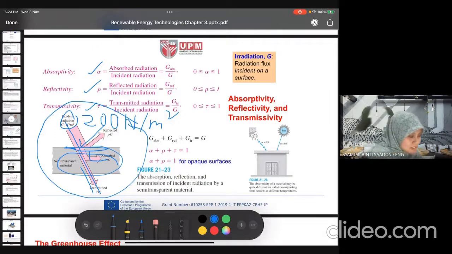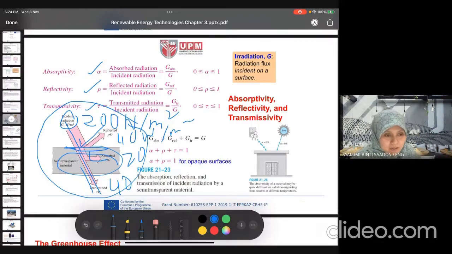So 20% is around 40 watt per meter square, and some of the amount is absorbed, maybe 10% or more than that, I'm not sure. So the rest, 40 watt per meter square, will be transmitted. That is the actual value that we assume is going to be transmitted into the building or into our house.